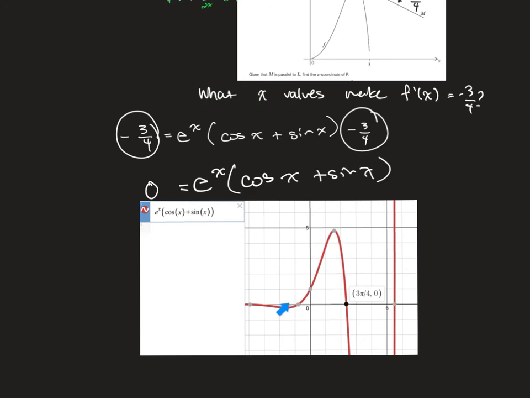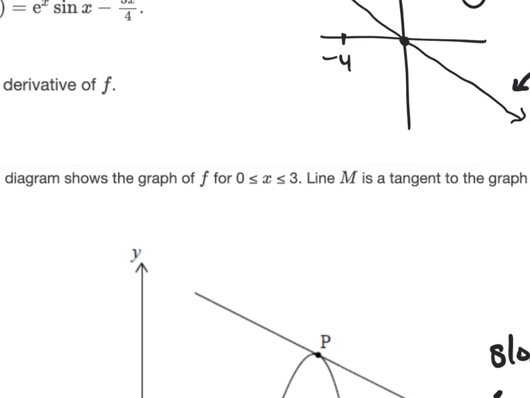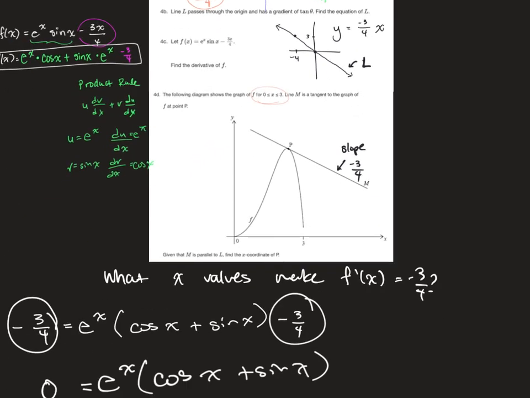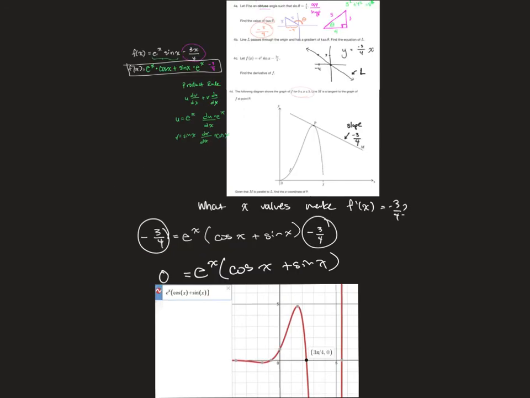You don't have to worry about the other zeros because it specifically asks for when x is between 0 and 3. So the x-coordinate of P is 3 pi over 4. Let me know what questions you have.